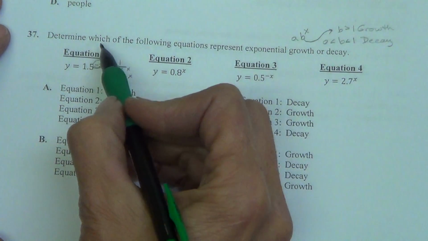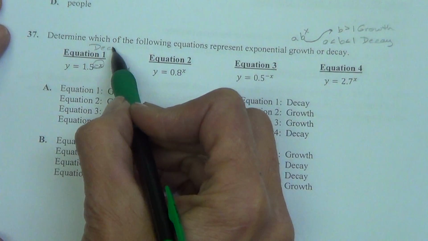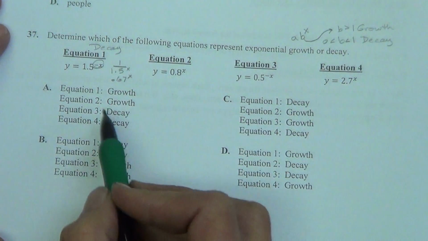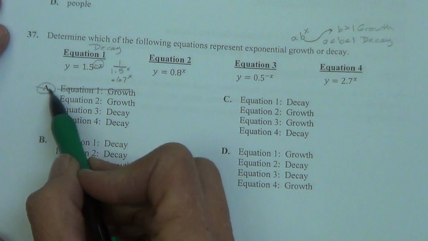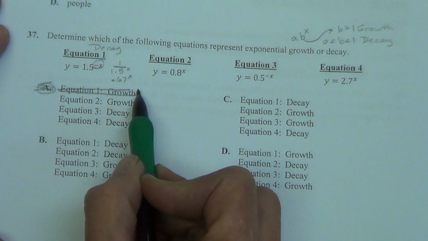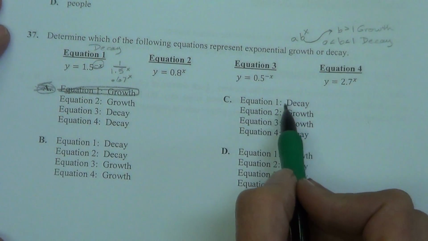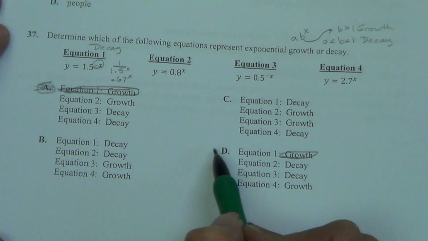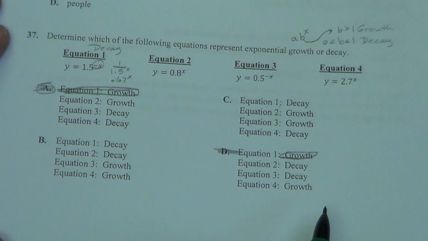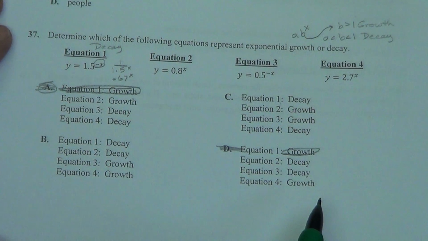That's got to be a decay. Immediately I go to my answers. Number 1's growth. I know that one's out. Oops, I meant to mark that out and circle that said growth. Decay, that could be it. Decay, that could be it. Growth, nope, that one's out. So we're down to a 50-50 shot at getting this right.